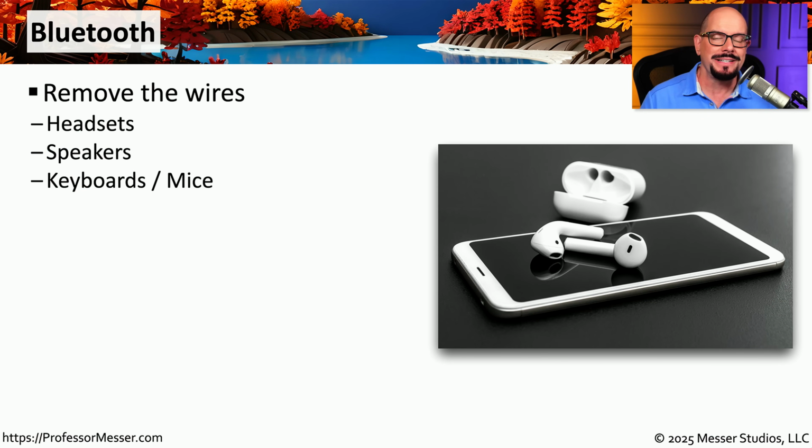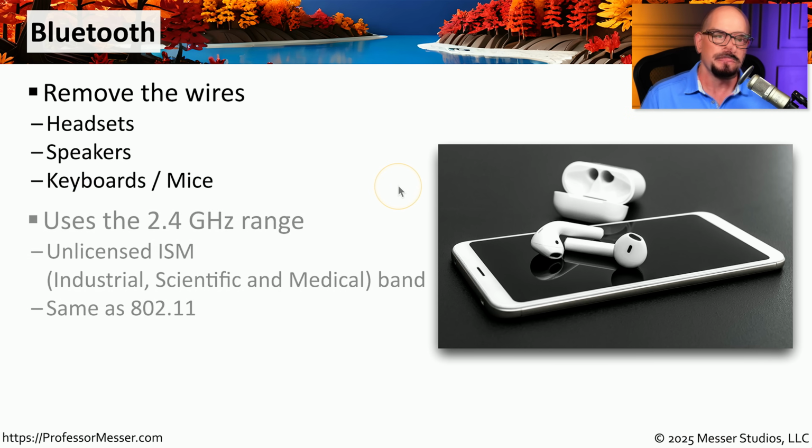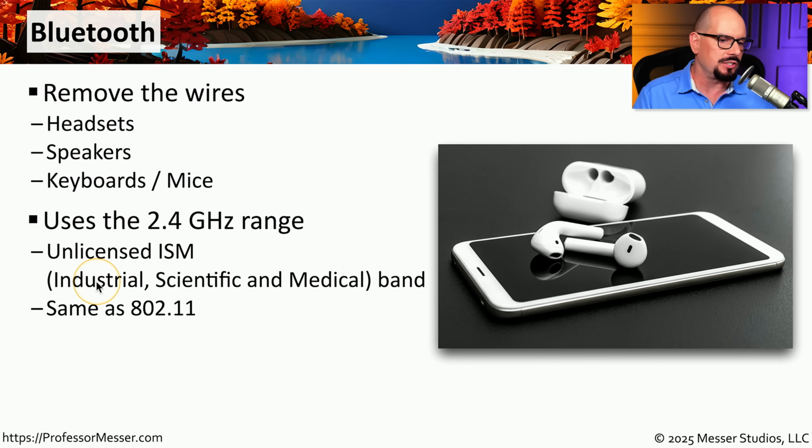But 802.11 is not the only way to transmit wirelessly. If you're using a wireless headset or wireless speakers, you're probably using Bluetooth to be able to connect those devices to your computer. Bluetooth technology uses the 2.4 gigahertz range. You might also see this referred to as the unlicensed ISM frequencies. That stands for the Industrial, Scientific, and Medical Band.